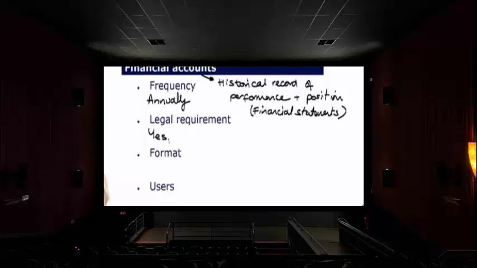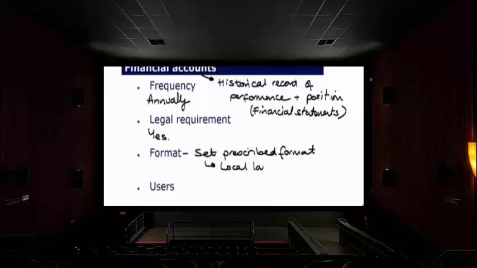The format, okay? What is the format? Can we just do what we want with them? No. There is a set, prescribed format and that will be specified by local laws.